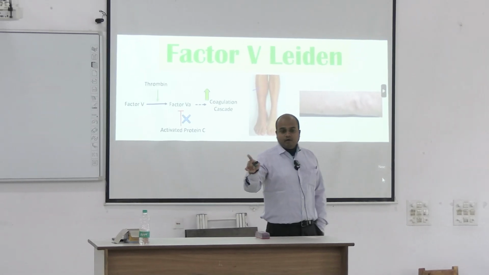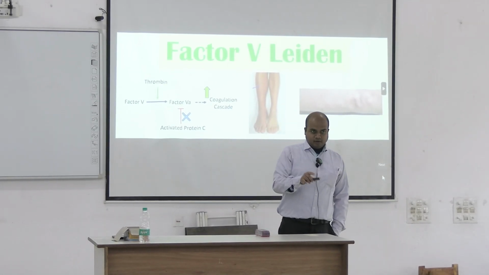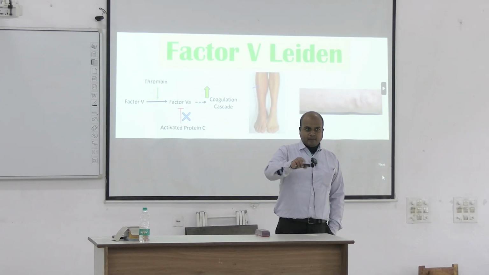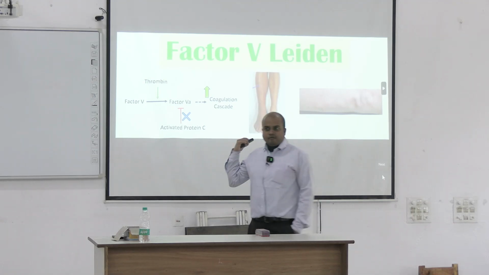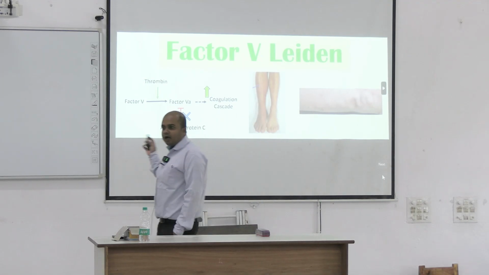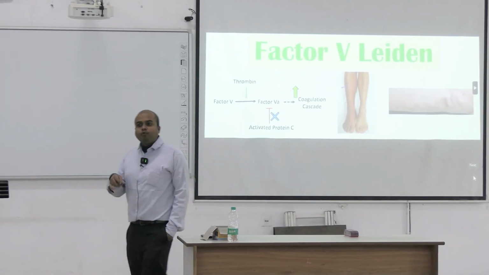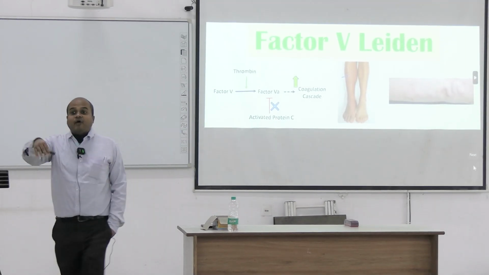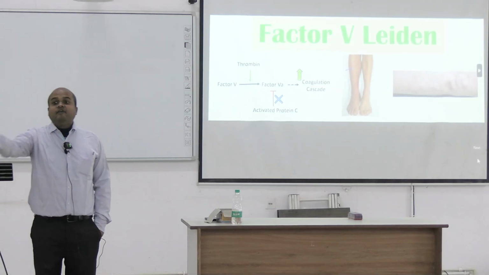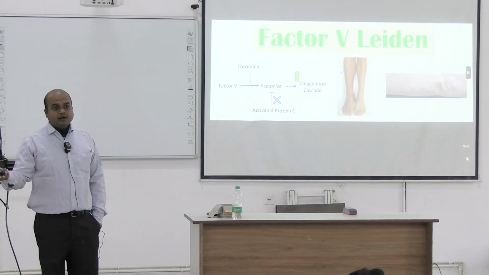What type of disorder? Bleeding or clotting? Clotting disorder. If we go according to those authors who mention hypercoagulability as clotting disorder, factor 5 Leiden is one of the hypercoagulable states where activated protein C is less, so that factor 5 is getting activated more than what is required normally.